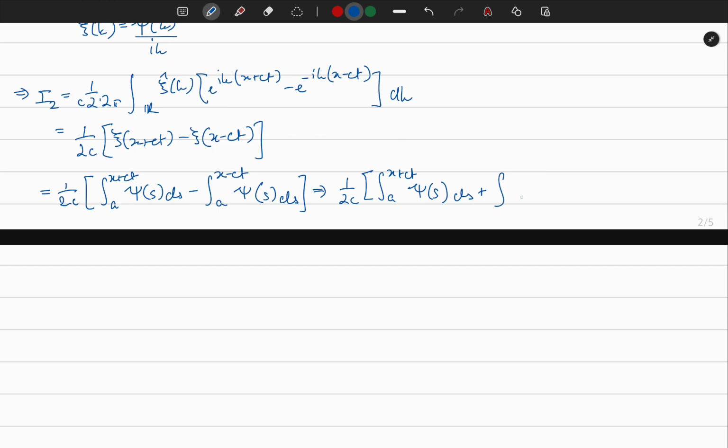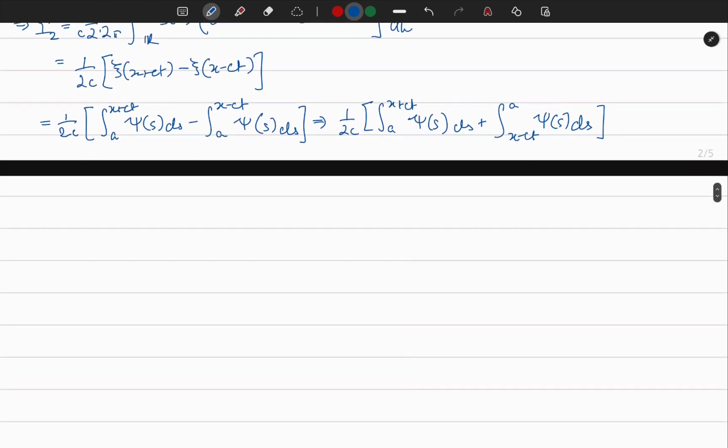This negative changes to a plus, and we get x minus ct goes to a of psi of s ds. And we have an integral from a to x plus ct, and an integral from x minus ct to a. So those a's will cancel if we take the primitive of them anyways, so we can simply combine this into one single integral from x minus ct to x plus ct of psi of s ds, where s is simply a dummy variable.